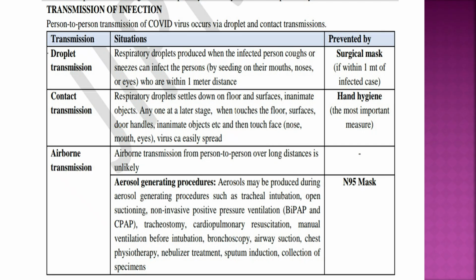So these are the situations where we can get airborne transmission of the organisms, and the most important precaution here is to use the mask, that is the N95 mask.